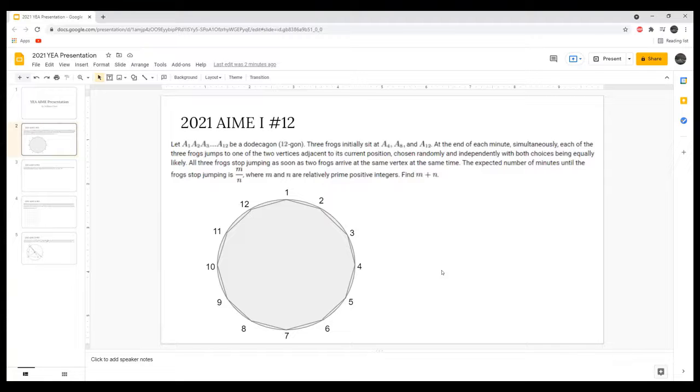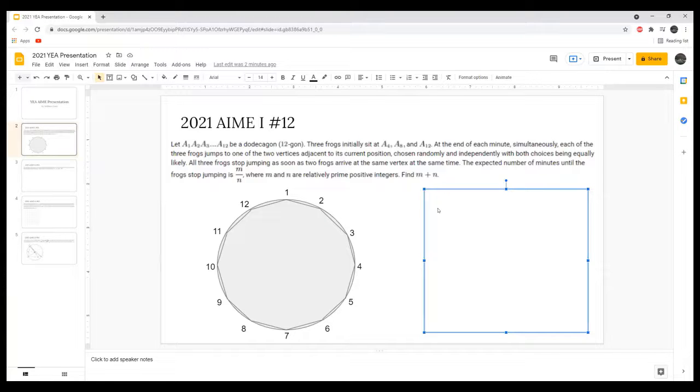So in this problem, we'll just consider how many vertices apart each pair of frogs is.